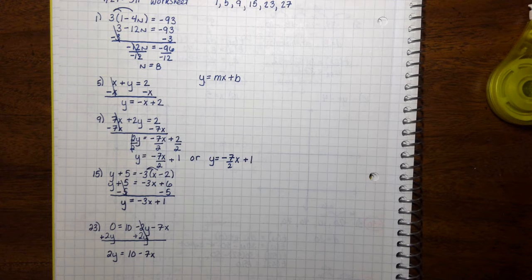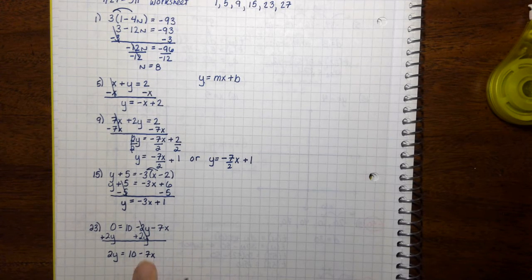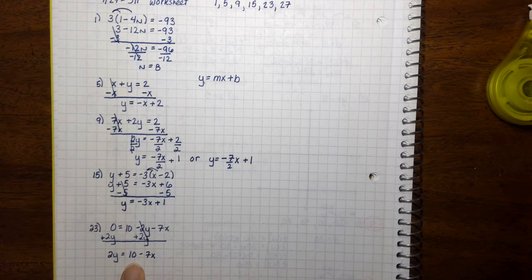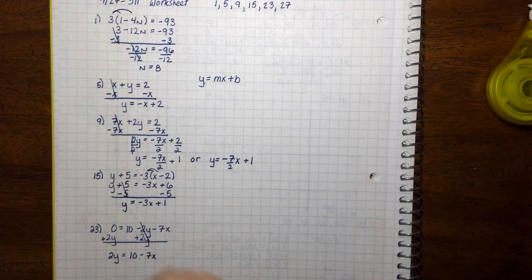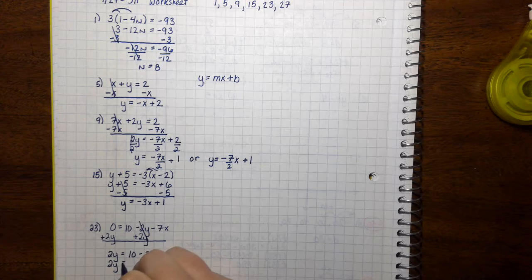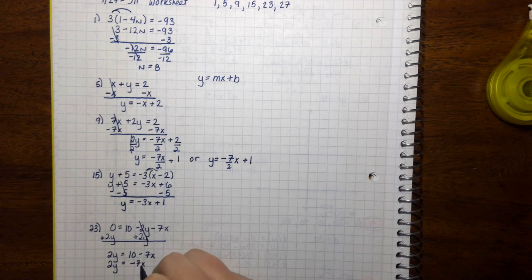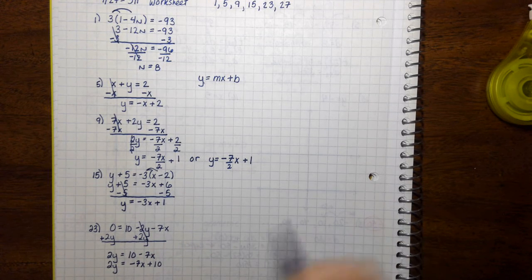Okay. It already looks a little better. Now what I'm going to do is I'm going to flip these two around so that I have the x term in the front and the constant in the back. So 2y equals negative 7x plus 10. Okay, making sure that this negative 7x keeps its negative and this 10 is positive, so it keeps its positive.